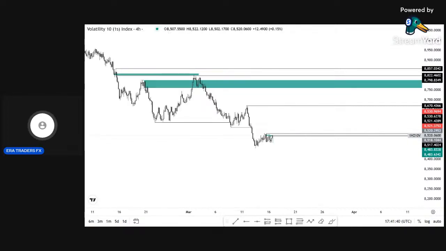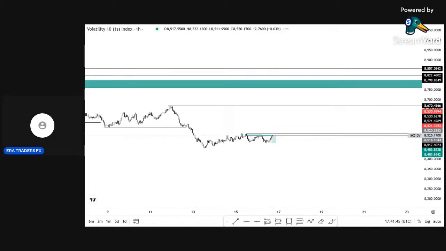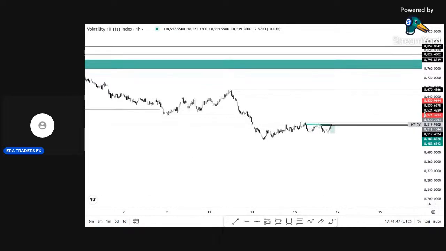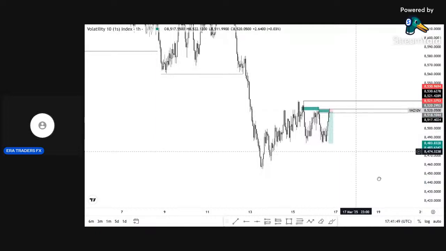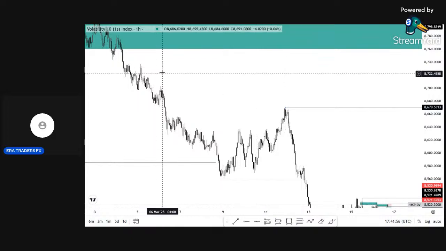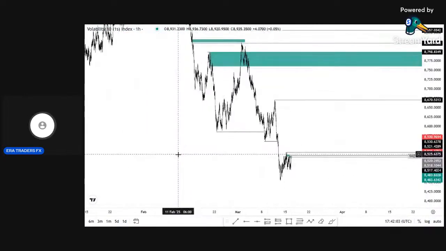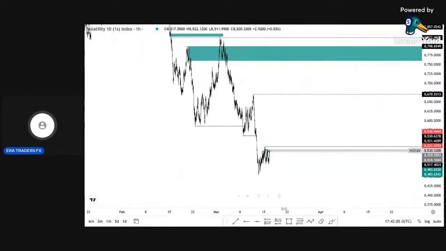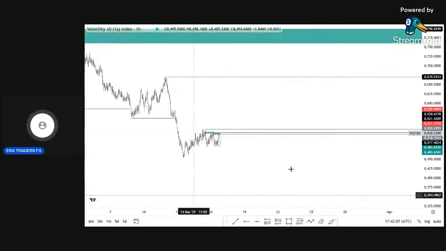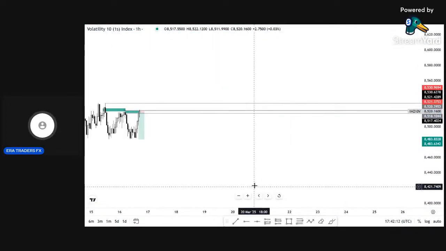But let's see the 1 hour time frame. Sweep, break, liquidity. There will be a lot of inside stuff, right? But the higher time frame is the main driver of the market, right?